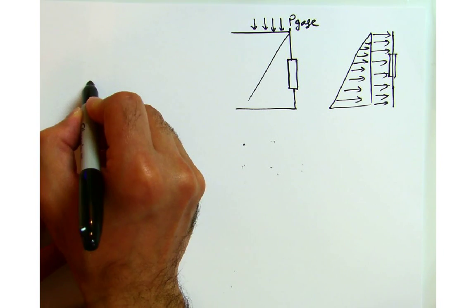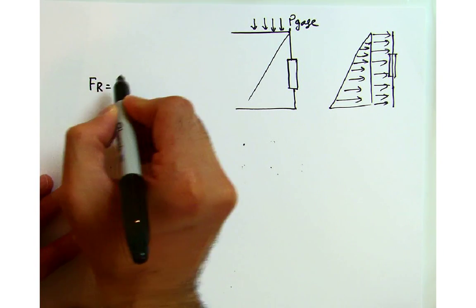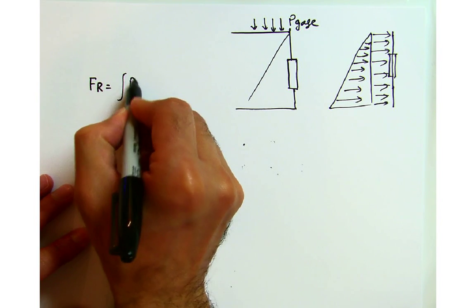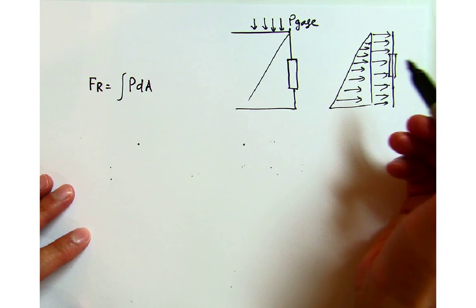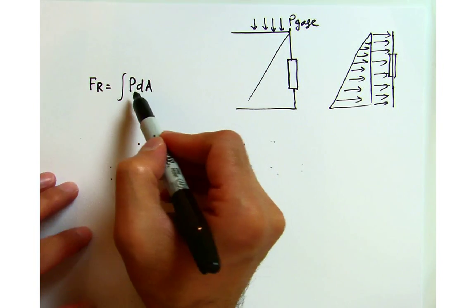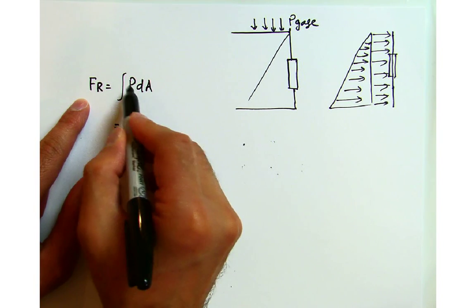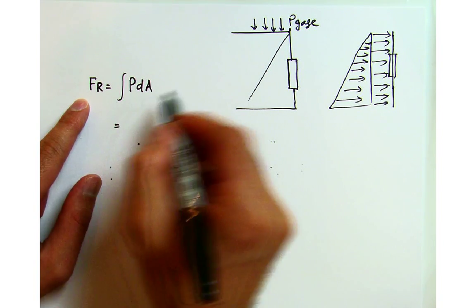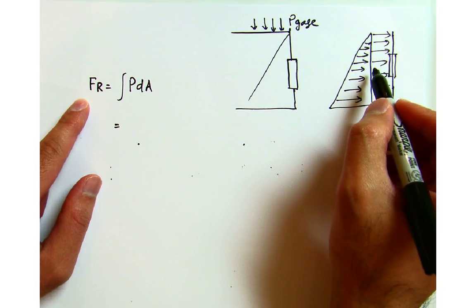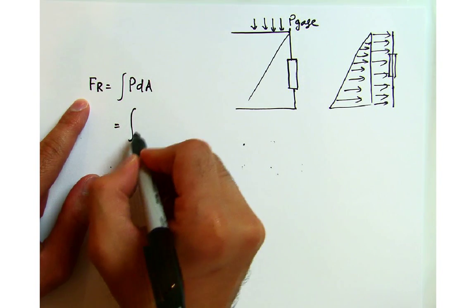So let's try to find out what the resultant force for this case would be. You have pressure times the area, which will give you the force, but now the pressure has two contributions. One is coming from the gauge pressure and the other one is coming from the hydrostatic pressure, so we need to include both of those.